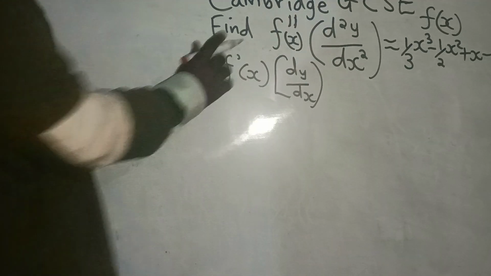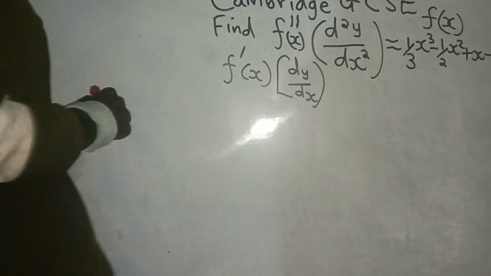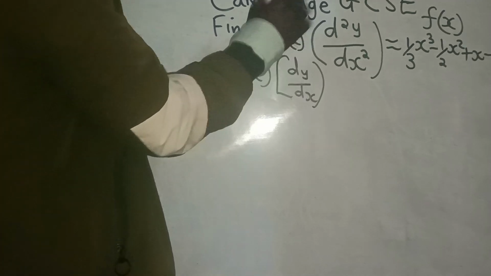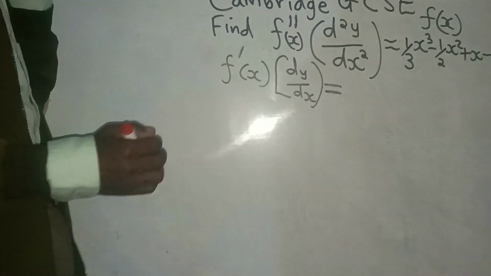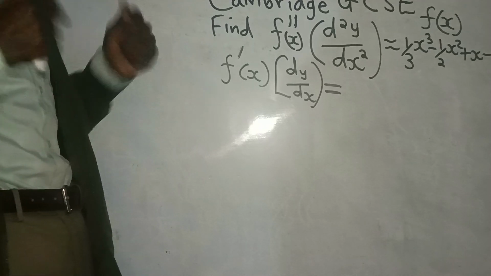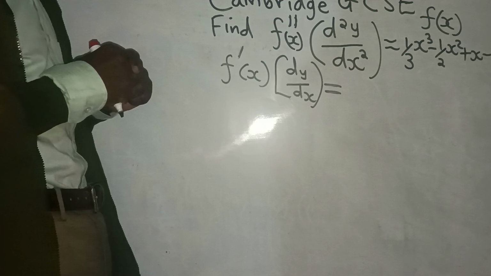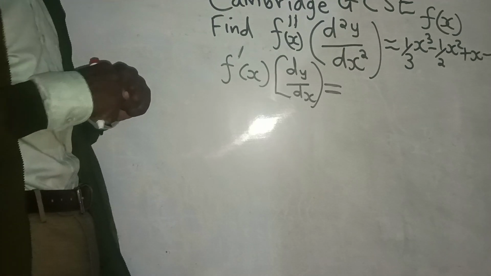So I'll first get f prime with change in x or dy dx of the equation, and that translates into getting what we call the derivative function or the gradient function or the dy dx of that function f in form of x.